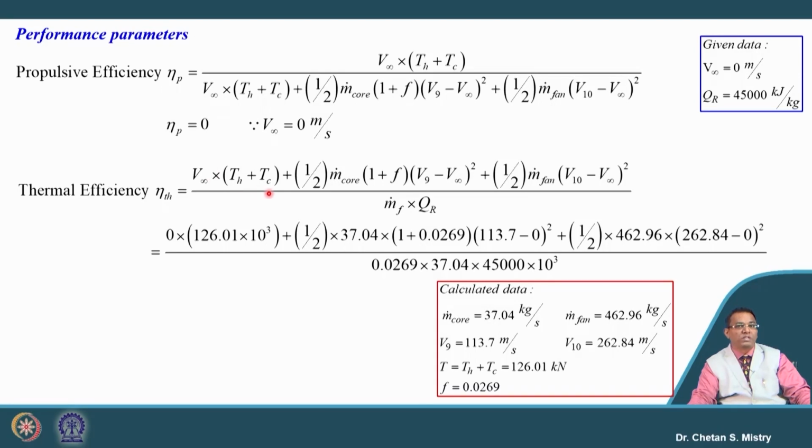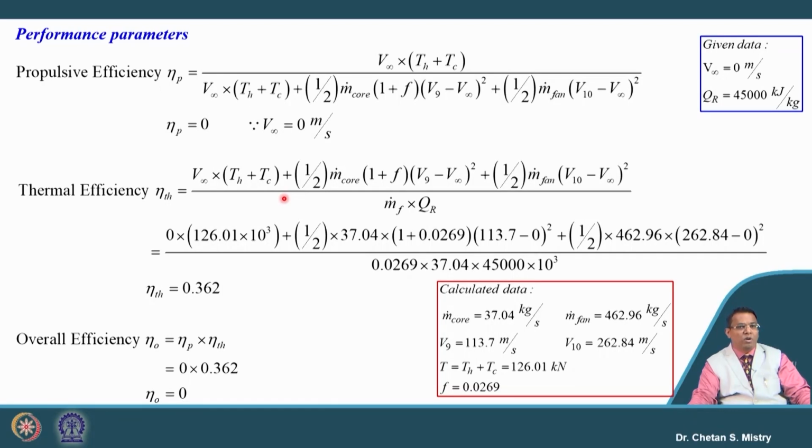If we do this calculation, that gives the thermal efficiency to be 36.2%. So, this is how we do our calculation for propulsive and thermal efficiency. Since my propulsive efficiency is 0, my overall efficiency also will be 0.